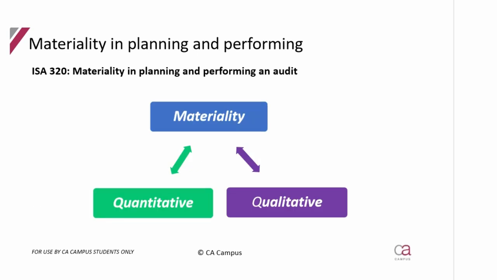And that's why we come up with a quantitative materiality and a qualitative materiality. So our benchmark, quantitative, is going to be an amount, a maximum figure that is acceptable in terms of misstatement.